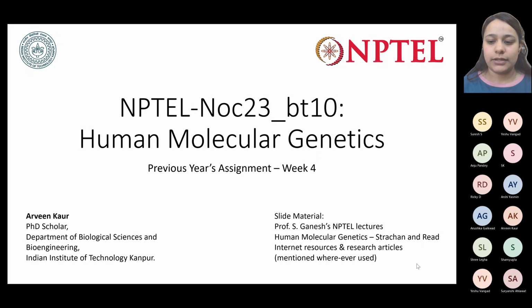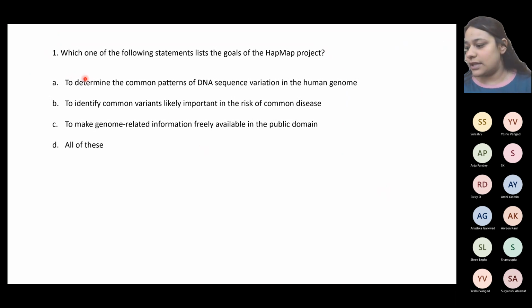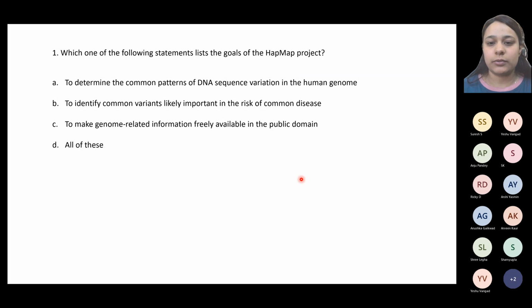Okay, so question one. I am on the first slide. I hope everybody can see it. In case there is an issue, please let me know. Your question one is, which one of the following statements lists the goals of the HapMap project? In order to solve this question, one thing you should be aware of is the HapMap project.